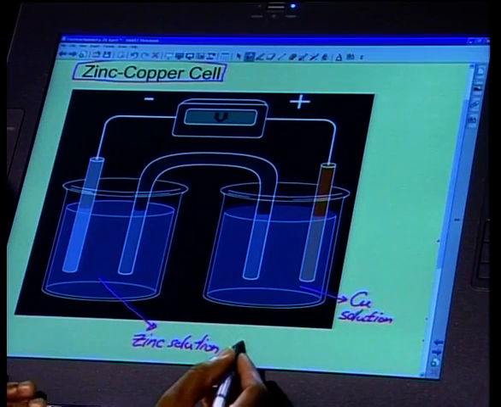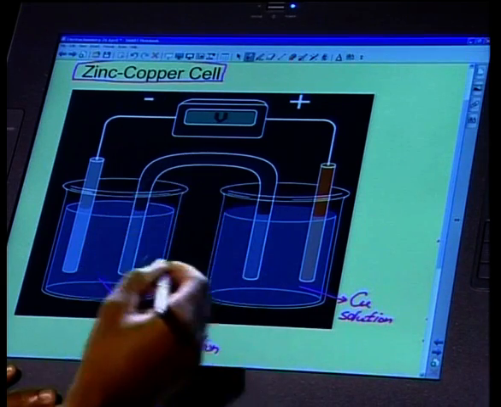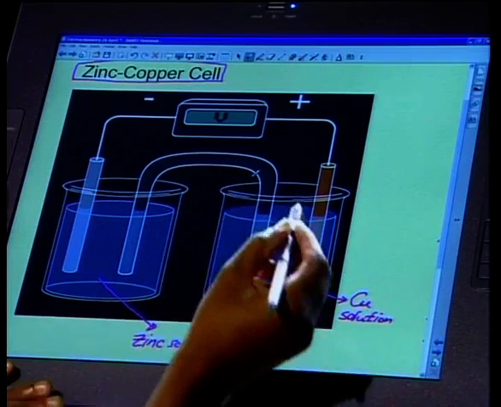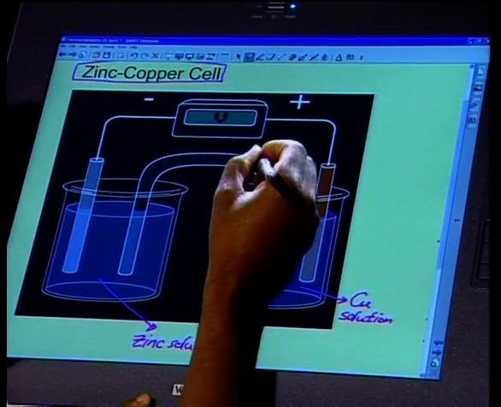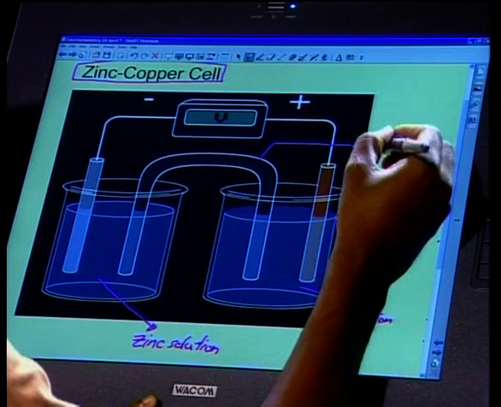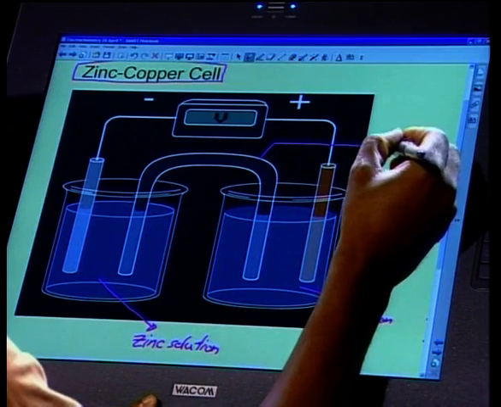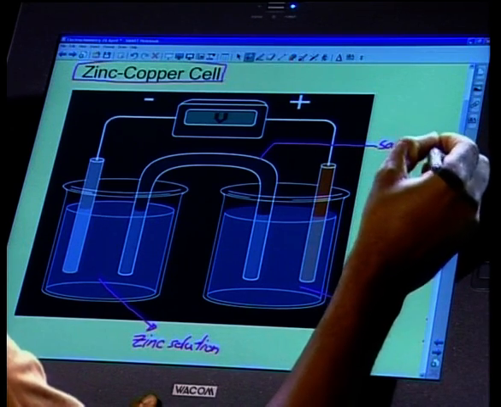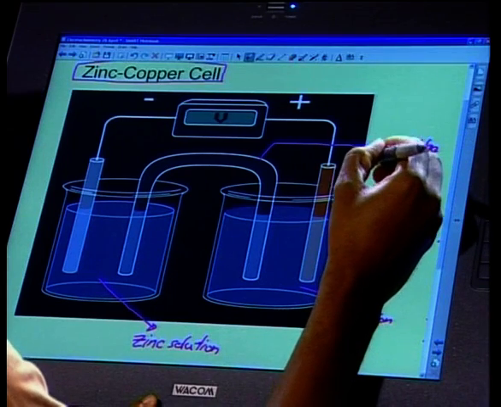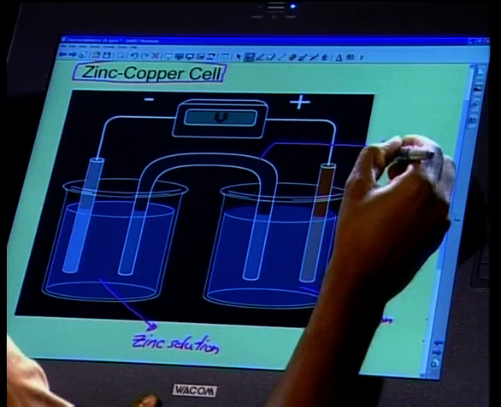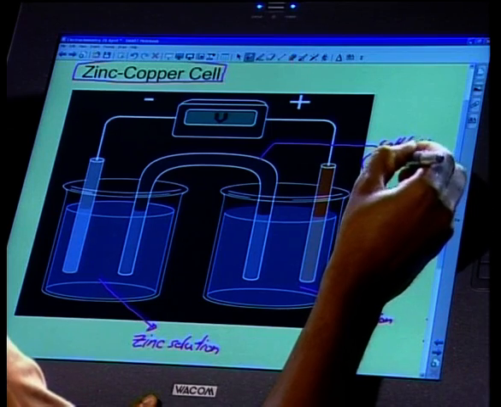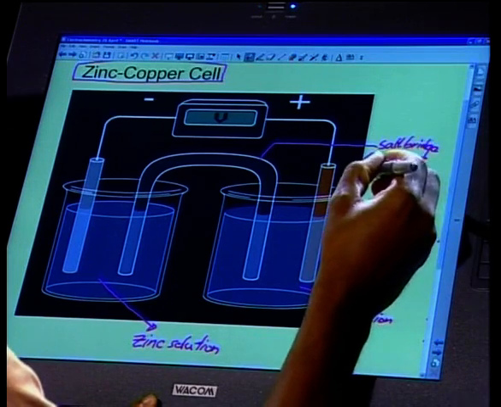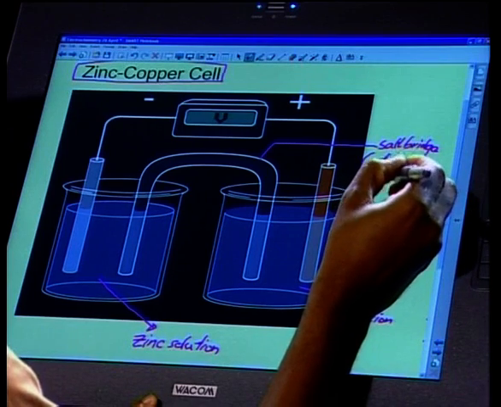We know this is the salt bridge. And what we also need to understand about the salt bridge is that inside it, we have a saturated solution, and of course, an ionic solution.